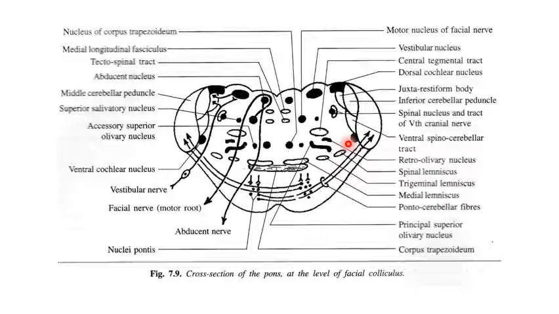Lateral lemniscus also has both ipsilateral and contralateral fibers, and direct fibers from the dorsal cochlear nucleus also. We'll see it later. But at this point you understand the afferents and efferents of the superior olivary nuclear complex and nucleus of trapezoid body.